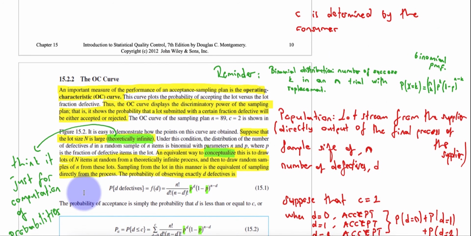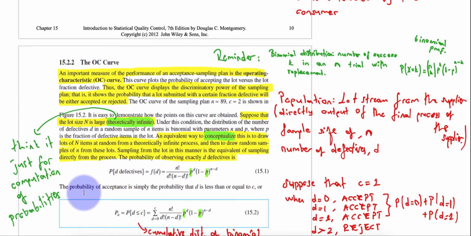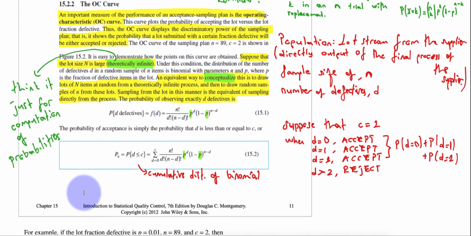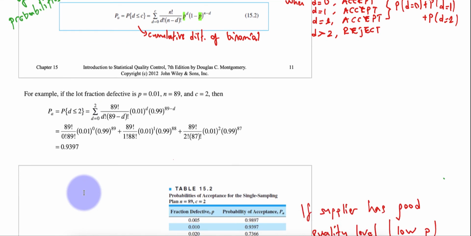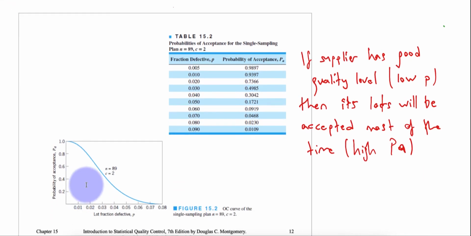An important measure of the performance of an acceptance sampling plan is the operating characteristic curve. Let me show you an example here. This is the OC curve for an acceptance sampling plan according to that sample size and C level. So this curve changes according to the sample size and the C level.